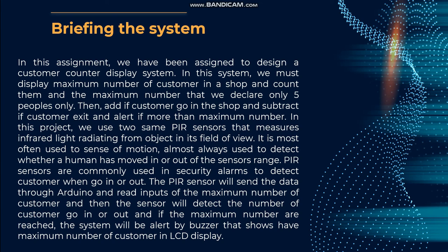In this project, we use 2 same PIR sensors that measure infrared light radiating from objects in their field of view. It is most often used to sense motion, almost always used to detect whether a human has moved in or out of the sensor's range.